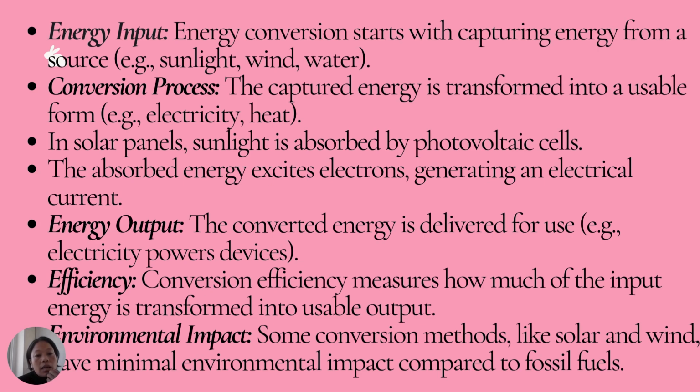We convert it into electricity and heat through solar panels, where absorbed energy excites electrons, which generates electrical current. After converting them, we use them. The converted energy is delivered for electricity to power devices. Usually, we can see this in most of the houses these days, and in institutions.